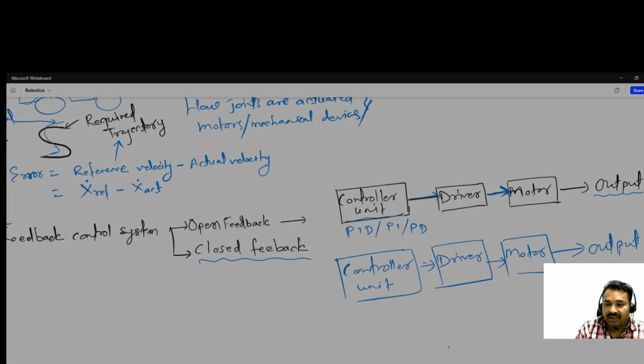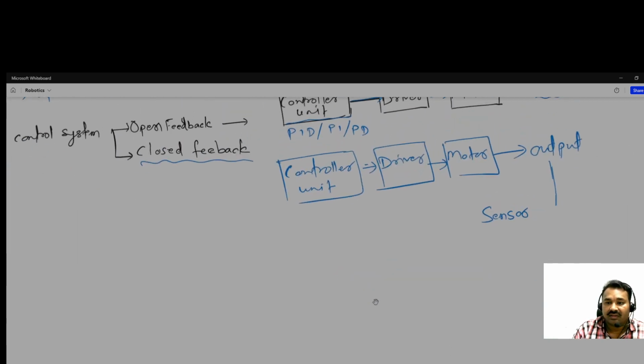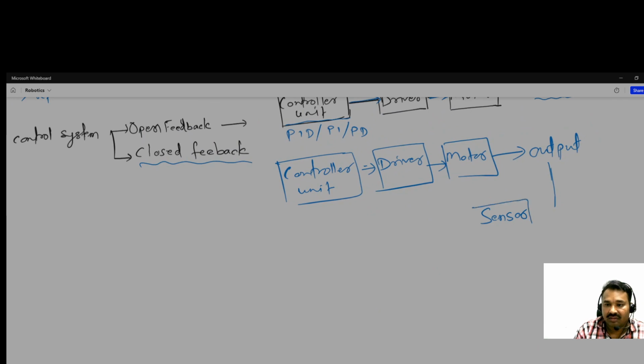But this output is sensed. This output is sensed through the sensor and given back through the feedback system.